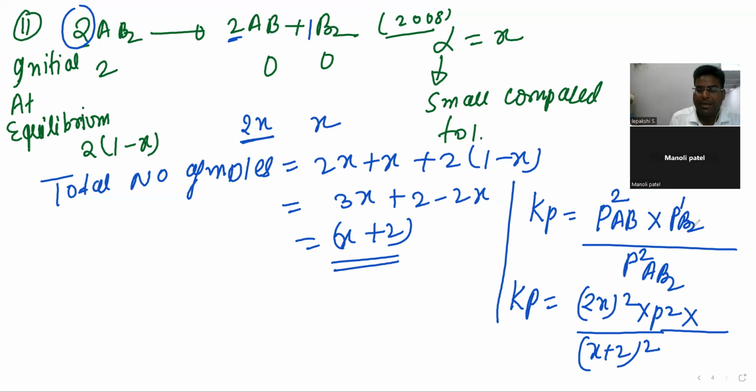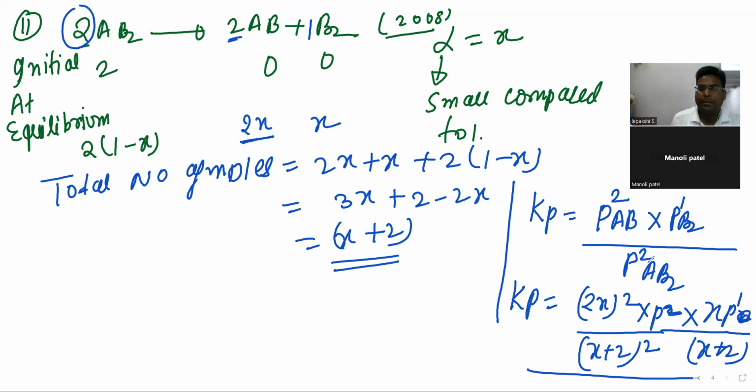Now write the partial pressure of B2. It will be x into P, only P, because the coefficient is 1, divided by x plus 2.